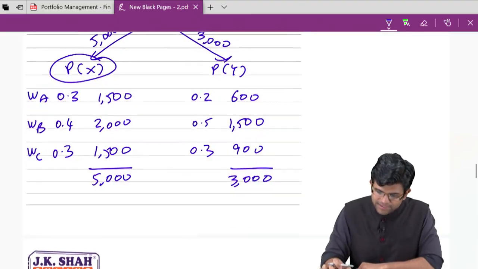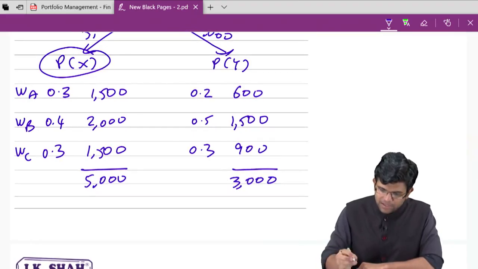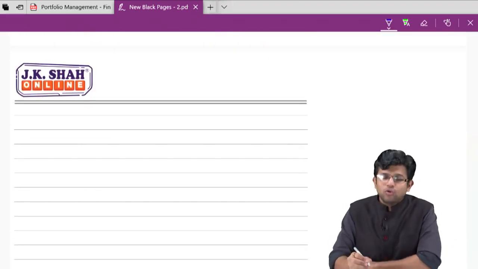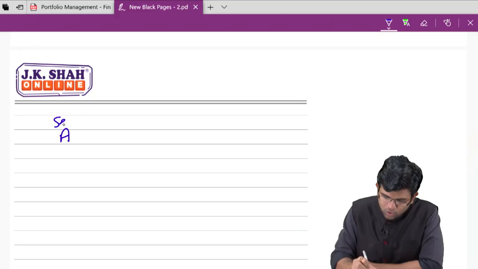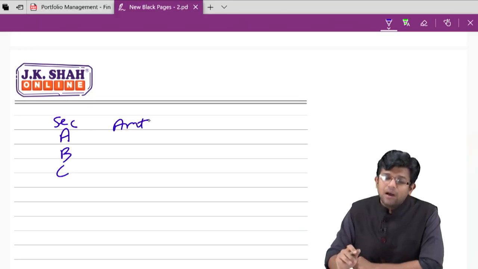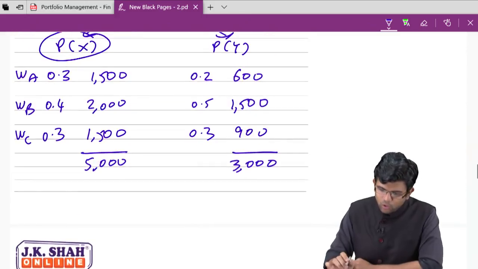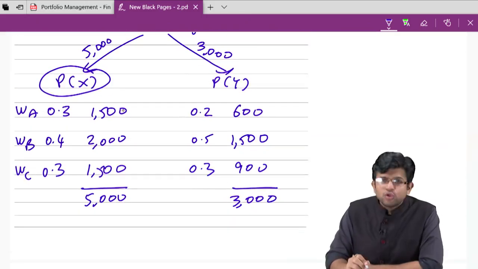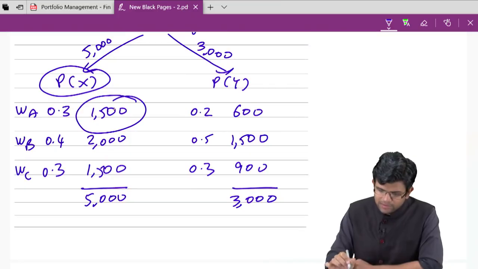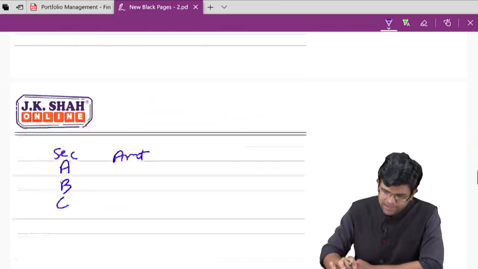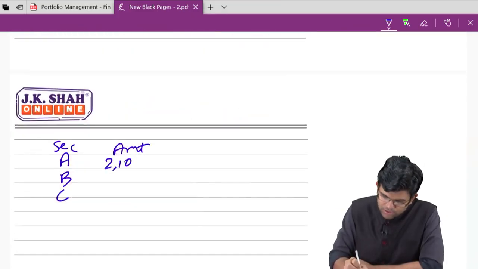Students, now if you see the last part, if I want to know how much I have invested in total in security A, B and C, let me take the amount. The total invested in security A through portfolio X and Y will be 1,500 plus 600, that is obviously rupees 2,100.